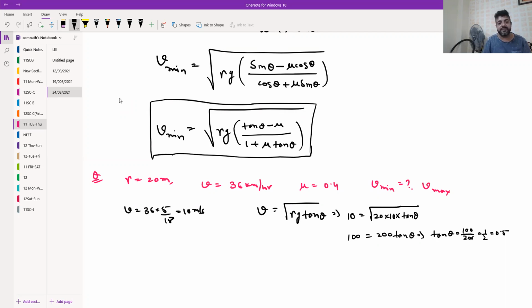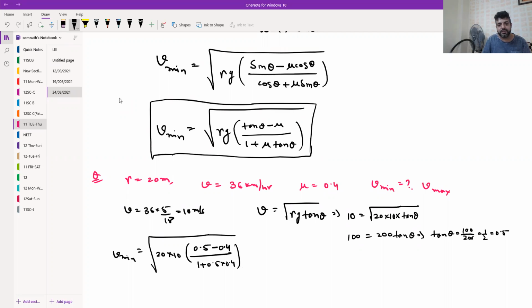Now mu is given. What about the V minimum? V minimum we can use directly: r is 20, g is 10, tan theta is 0.5 minus mu is 0.4, by 1 plus 0.5 times 0.4.